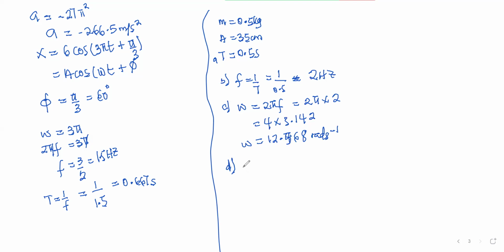Then D, the spring constant. Spring constant K is equal to M times omega squared. M is 0.5, omega is 12.568.